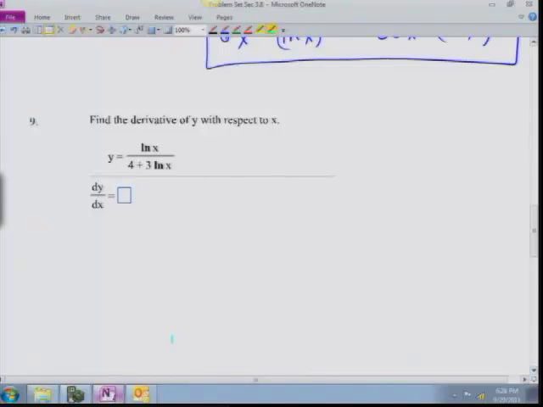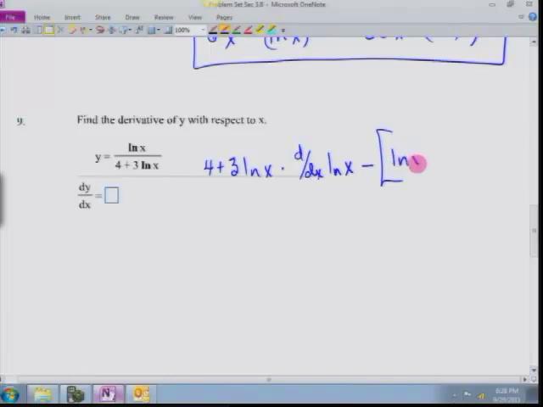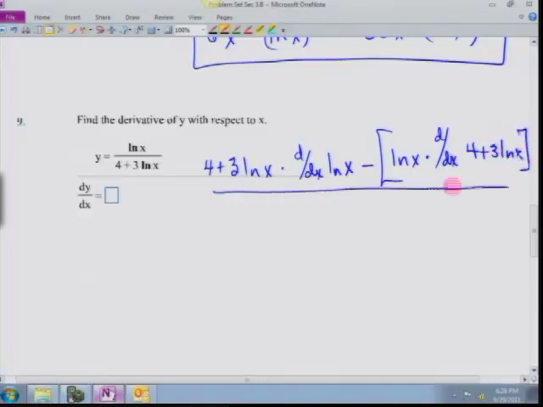Quotient rule? Okay, let's try that. So, quotient rule, we're going to have 4 plus 3 ln x times the derivative of ln x, minus ln x times the derivative of 4 plus 3 ln x, all over that thing squared.